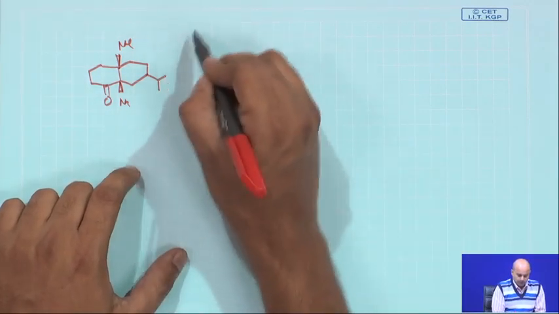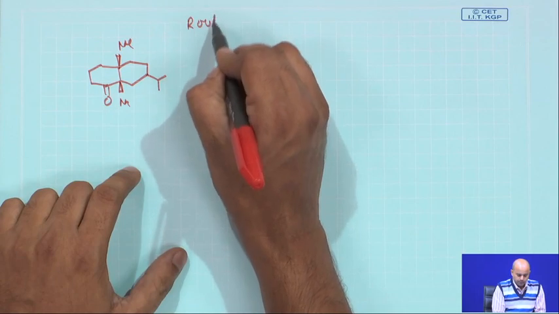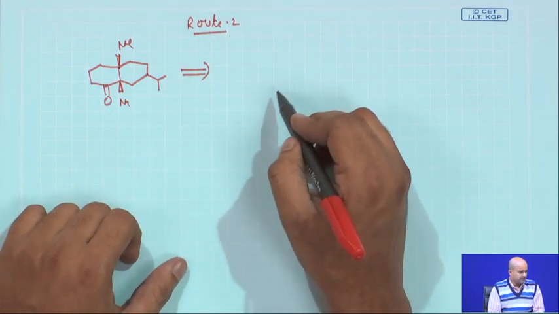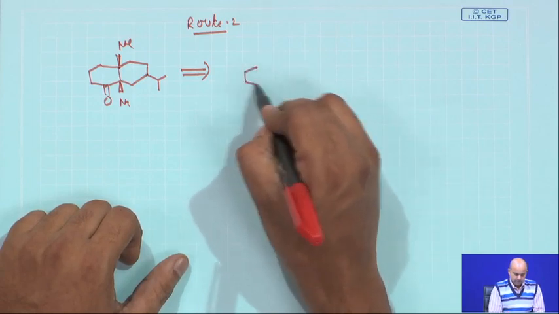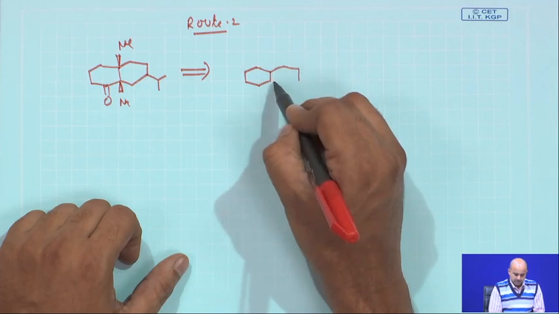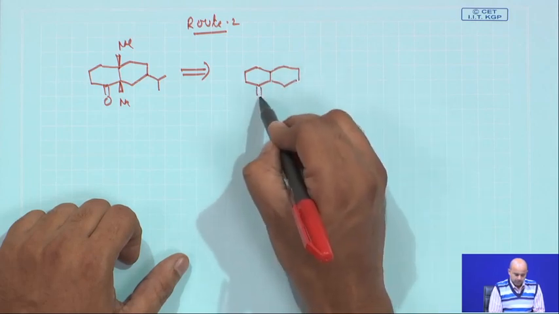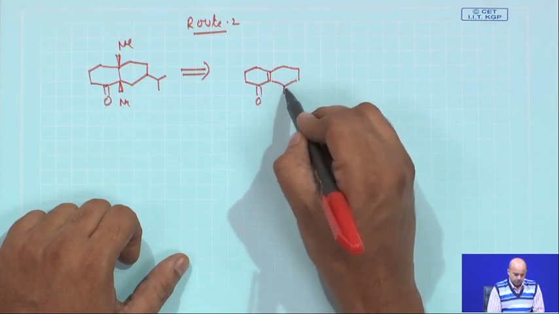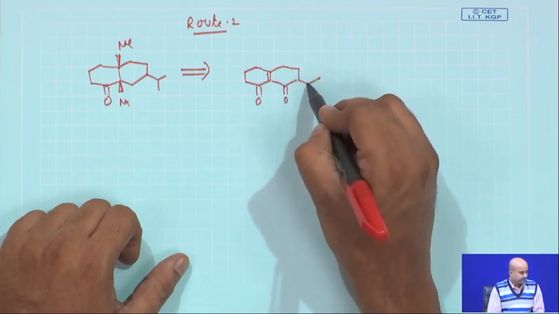Now, I will be talking about route 2. I say there might be another route, though this route is a little bit unconventional, but still this is also possible.